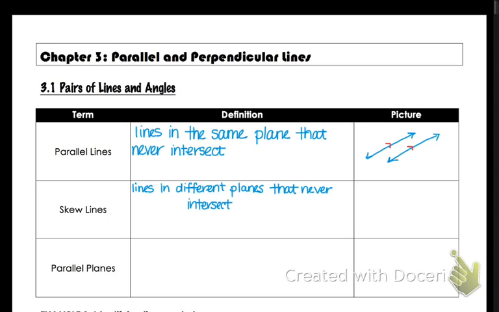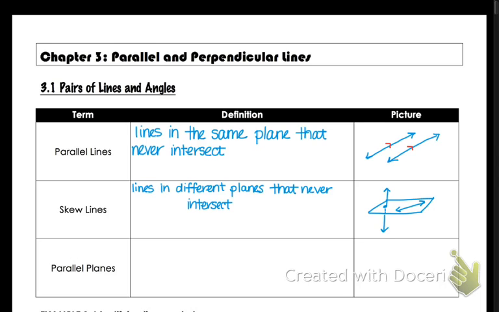So, for example, if we think about a cube, or even a plane like this, if this was our plane, and I have one line here in my plane, and then I were to have another line that goes vertically through the plane like so, those lines are never going to cross because they're going completely opposite directions in different planes, and so that is what makes them different.